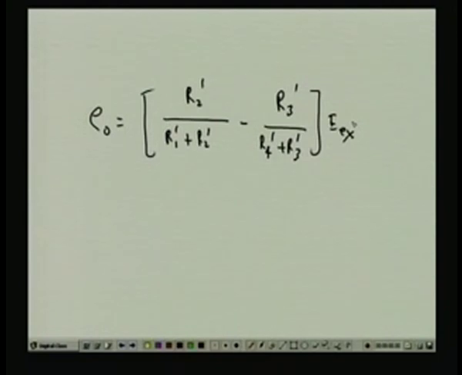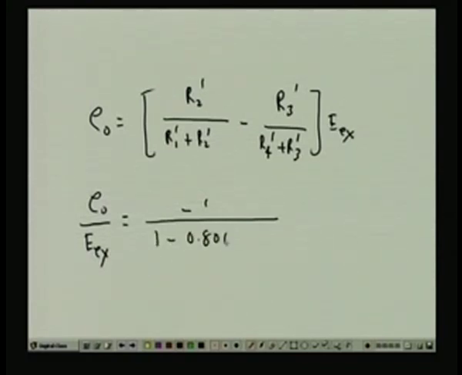So, substituting all these values of R1 dash, R2 dash, R3 dash, R4 dash, I will get E naught by Ex equal to minus 1 upon 1 minus 0.8064 B, 7.6916 B. Okay.